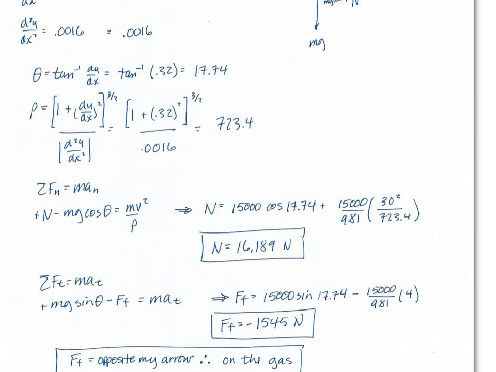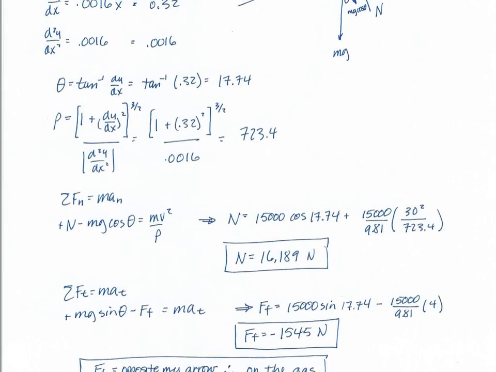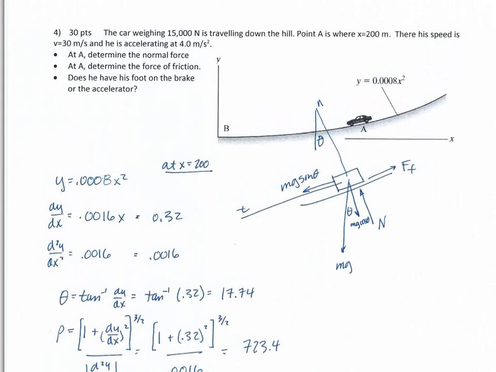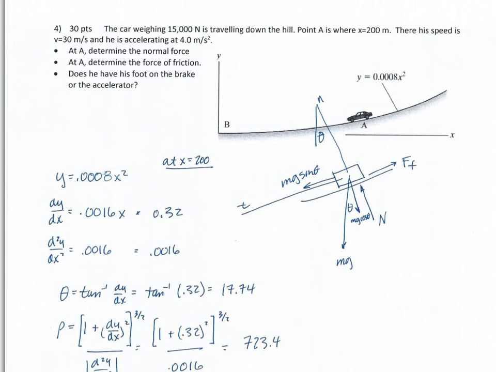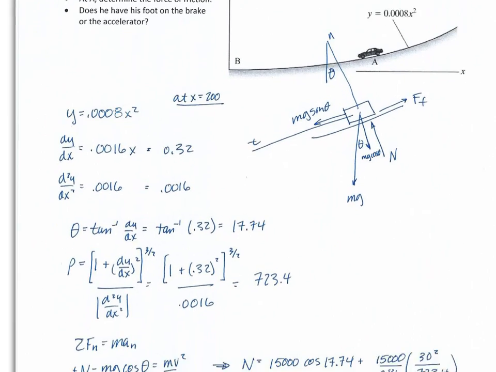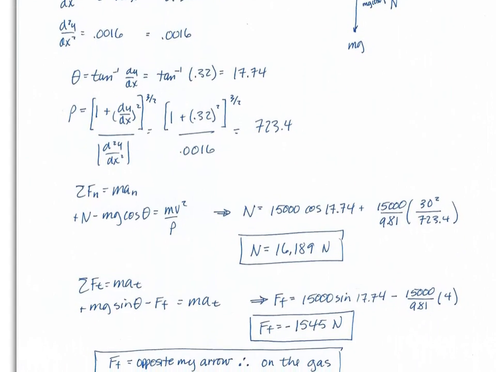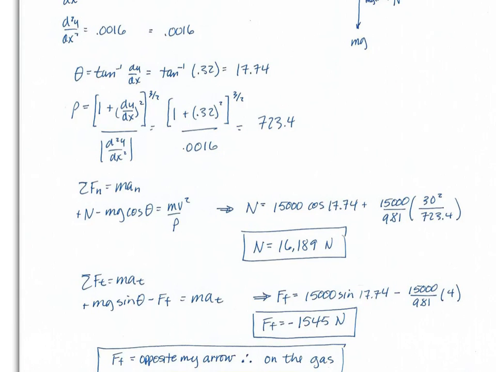Solving that for the normal force, we get 16,189. Now recognize also that I gave you in the problem the weight of the car. The car weighs 15,000 newtons, so that is my mg. The mass would be the weight divided by gravity. Very, very few people got mixed up on that, so I was very happy to see that. All of you were very good at discerning the weight versus the mass here, so that's great.